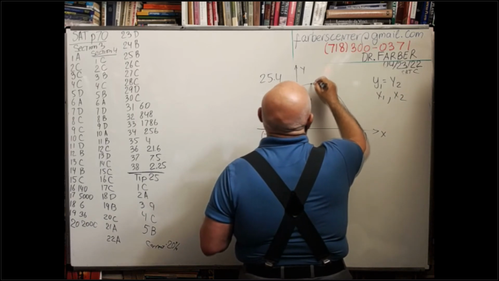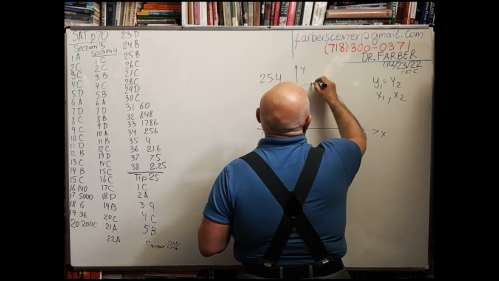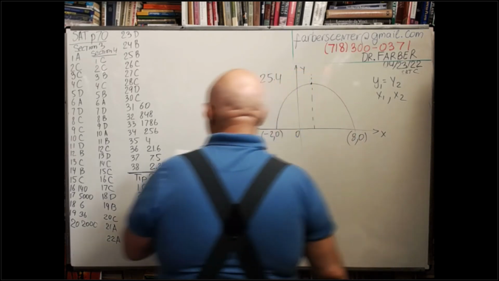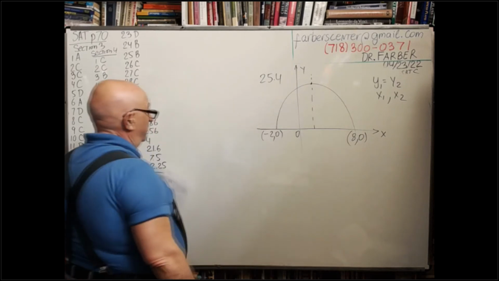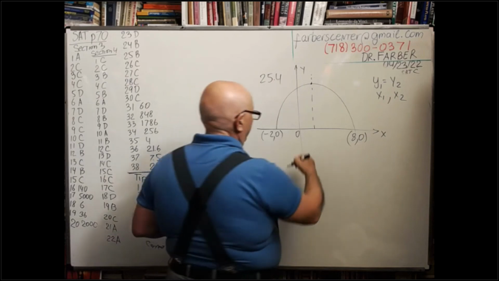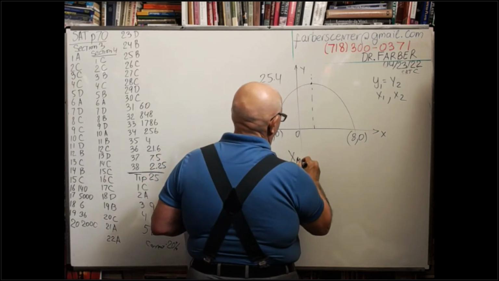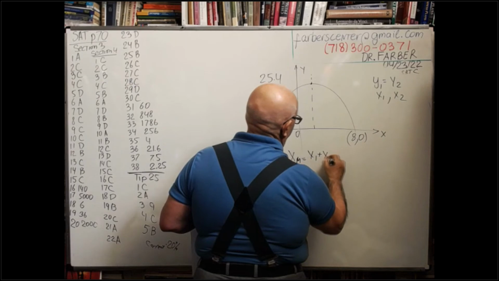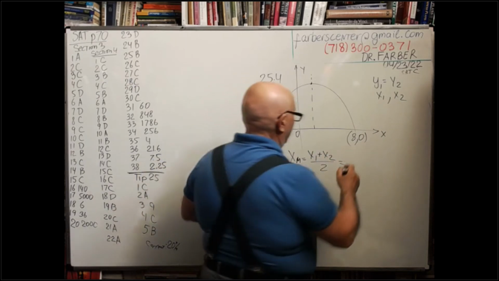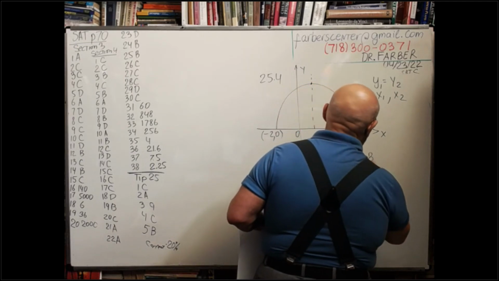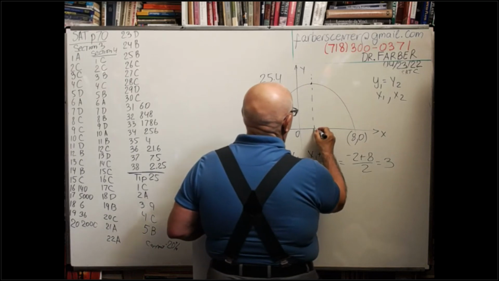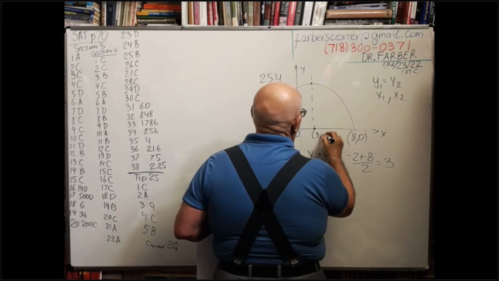If this is a vertical of the semicircle, you can easily find that midpoint. How to find the midpoint? x midpoint equals x1 plus x2 divided by 2. Based on our values, it's -2 plus 8 divided by 2, which is 3. And the coordinate of this point is 3, 0.